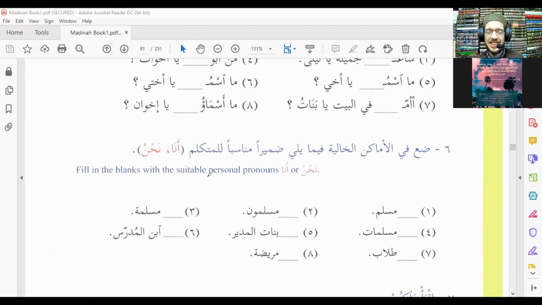Calling. Yeah, good. Mutakallim is the technical term for the first person. So we say first person is mutakallim, the second person is mukhatab, and the third person is al-ghaib. Literally, the speaker, the addressed, and the absent.